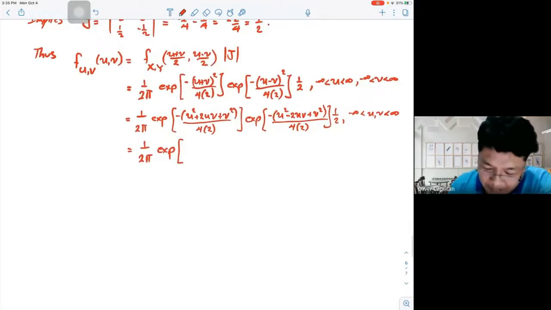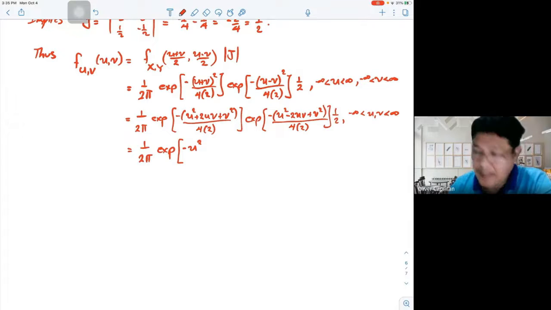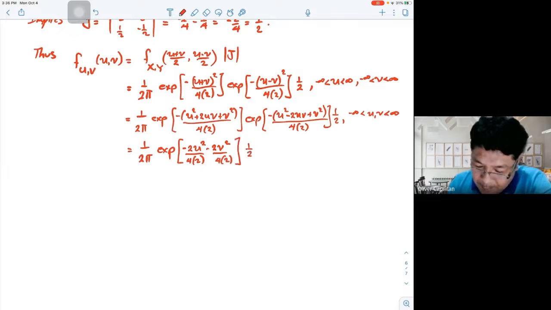So we have here negative 2u square, and then we have also minus 2v square, over 4 times 2.